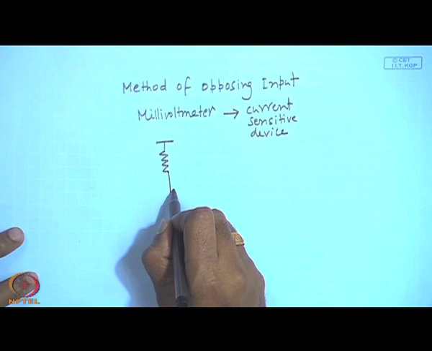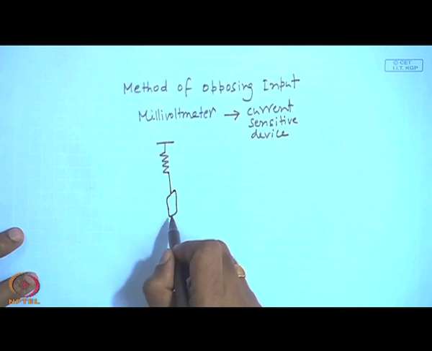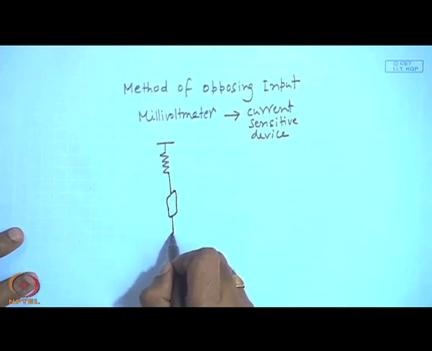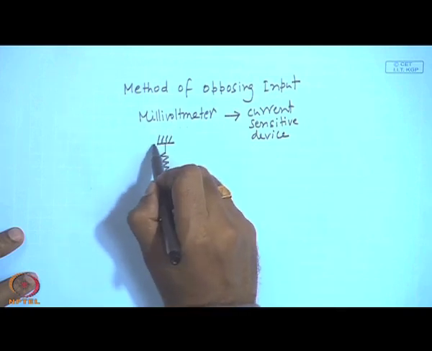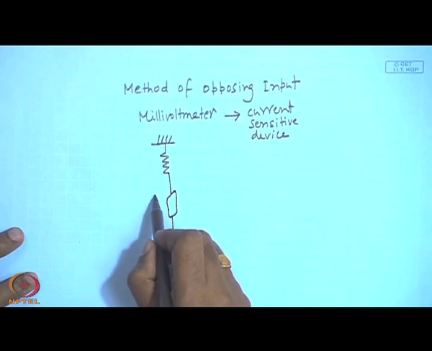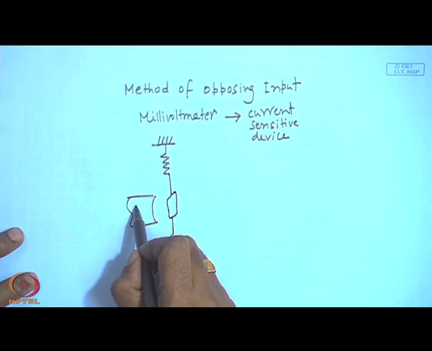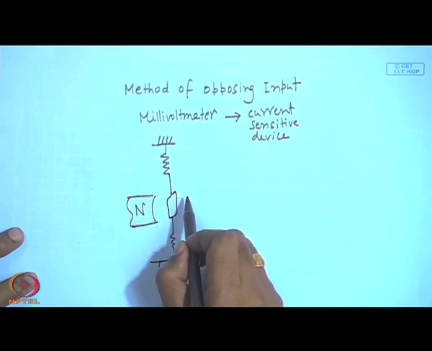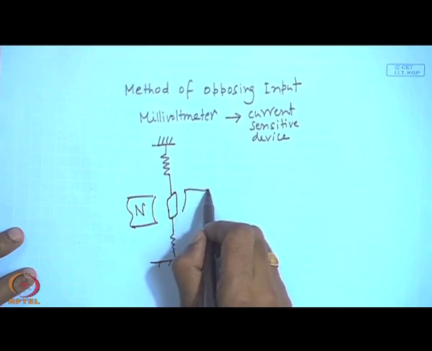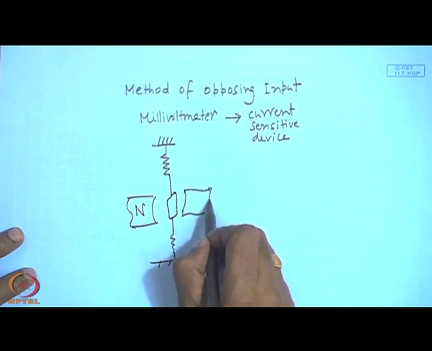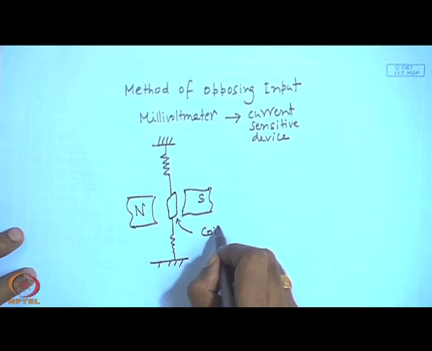Let us consider a schematic of millivoltmeter. So, you have the coil.